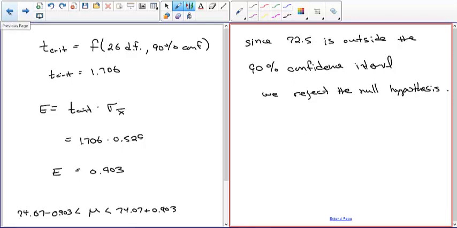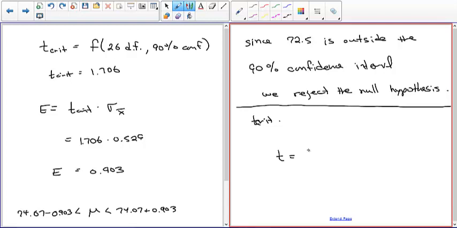Okay, so that's the first thing we do. Now, we can actually use most of this stuff for the second part of the problem. This is the critical t-score. The only difference is, we have all the same data, but we're going to calculate the t-score associated with 72.5.